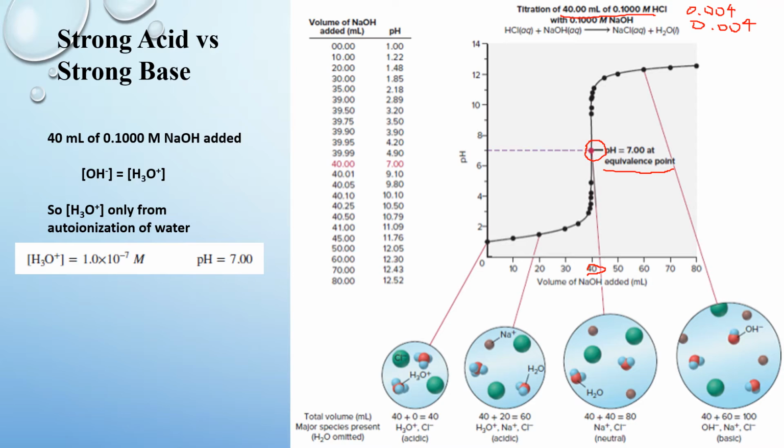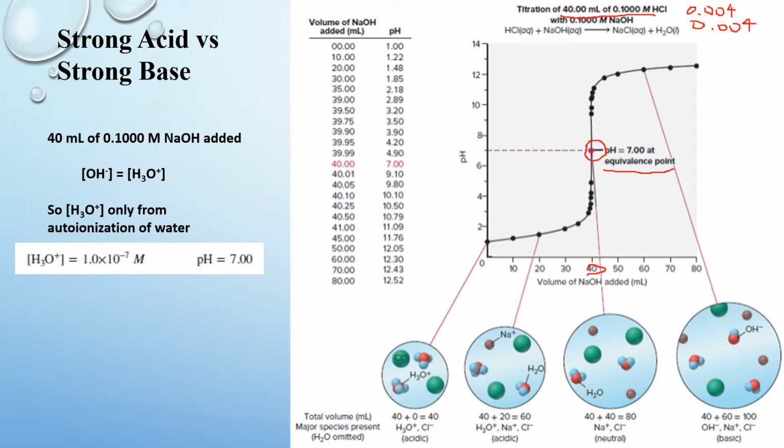So the amount of proton introduced from the acid has been neutralized by the amount of the hydroxide introduced by the base. So now, is there any proton left in our system? Yes, because we still have water, and the water can undergo autoionization.